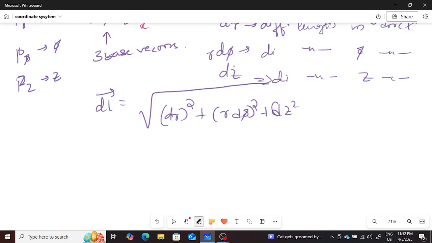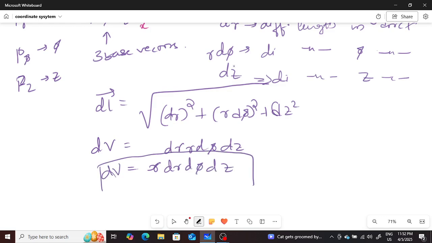And differential volume is the multiplication of the three coordinates, that is dr first, then r d phi, then dz. So the final equation is r dr d phi dz. This is the volume.